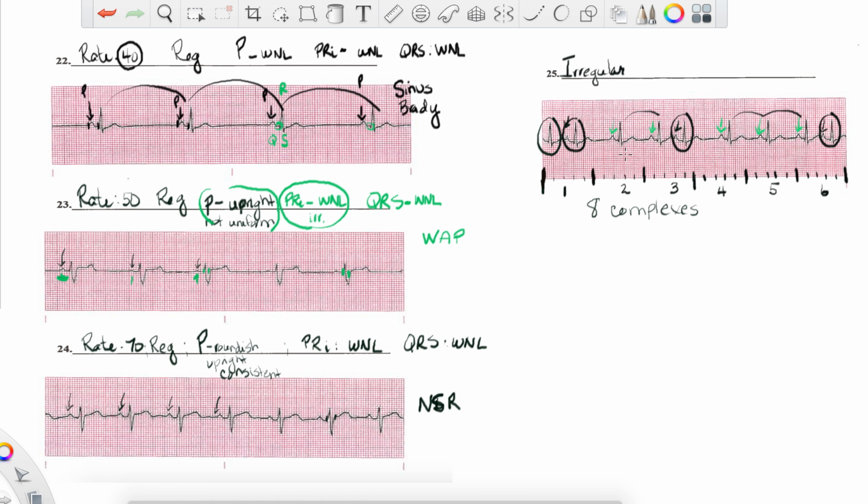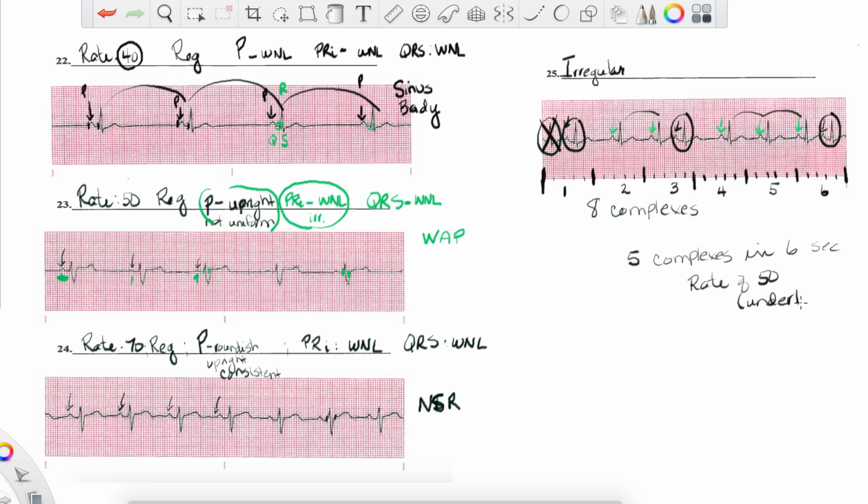All right? So if we take this complex out, that leaves us with 8 complexes, but 3 of them are premature. So that leaves us with 5 complexes in the 6 seconds, which actually gives us a rate of 50 in the underlying rhythm.